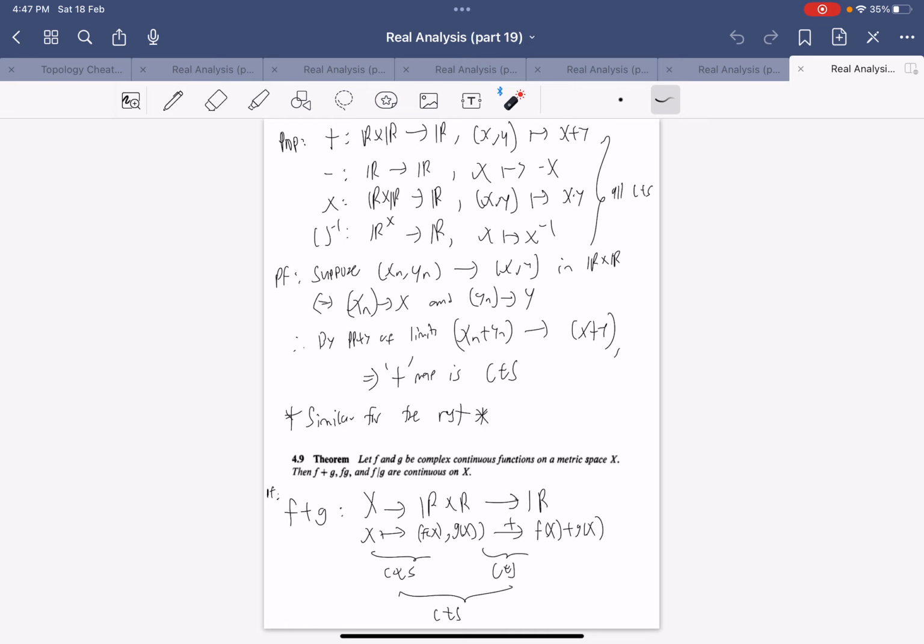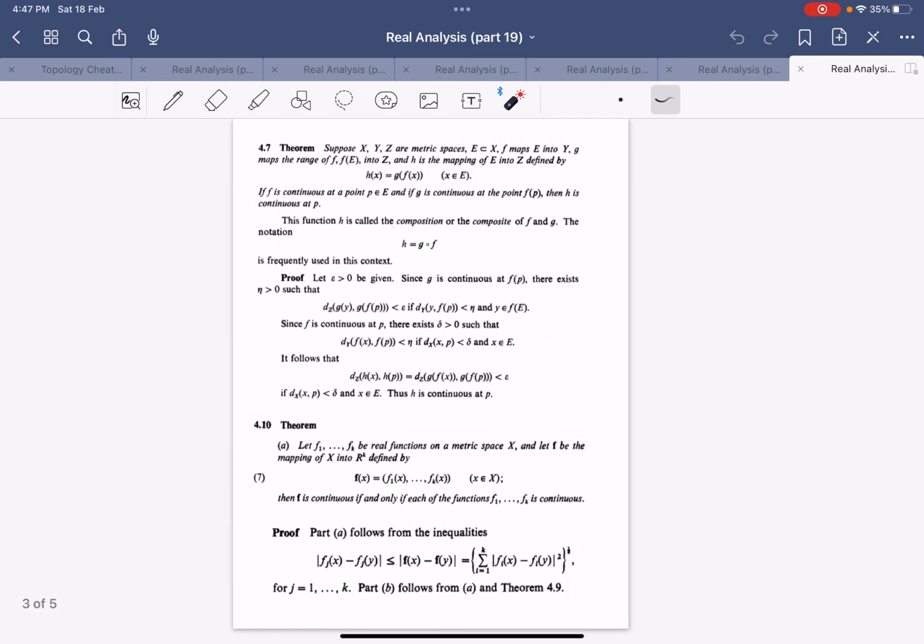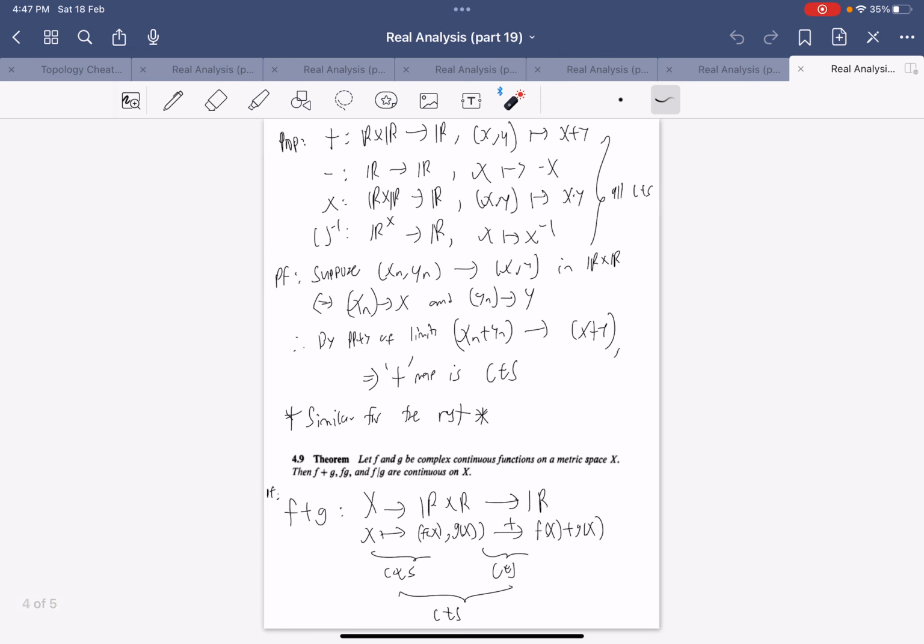And because of this, we can now say that when we take two functions and add them together to form a new function, it will be continuous. And really, it's because it's a composite of mapping x to real cross real, then mapping it back to real. Because you can see x is sent to f(x) and g(x), and this is continuous by our earlier proposition if and only if f and g are continuous, which is given to be so.